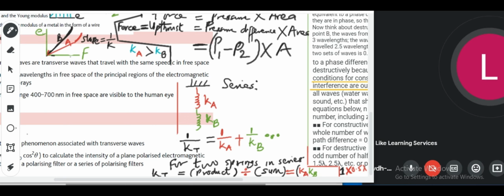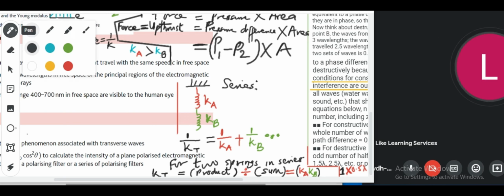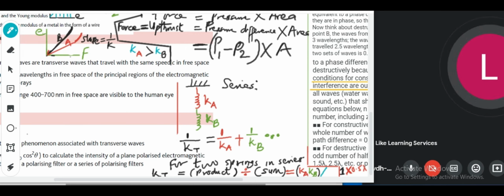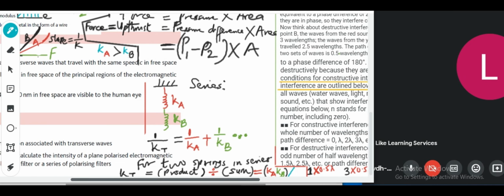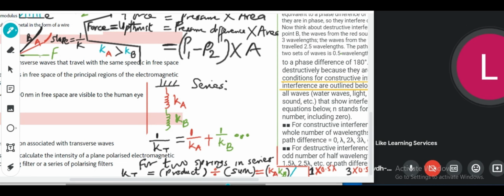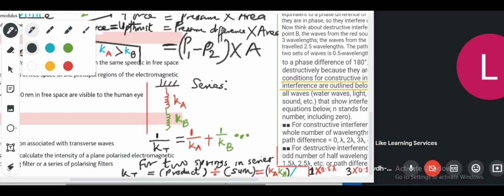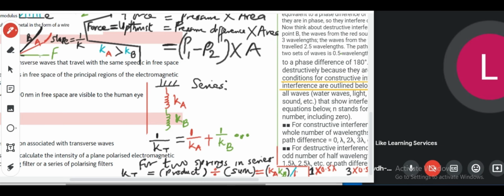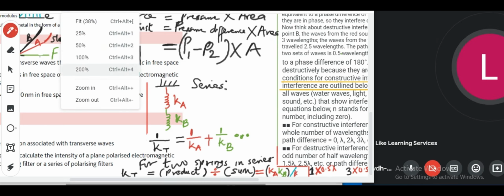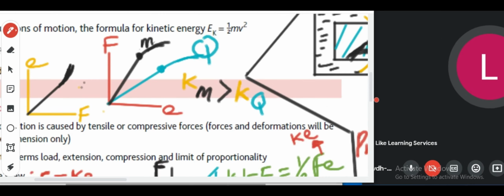Okay, I think I should zoom this to 200% to reveal it better.